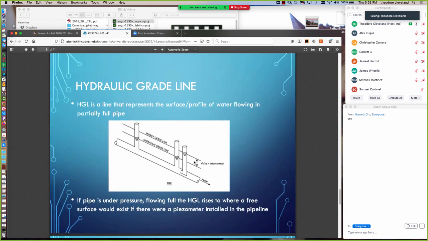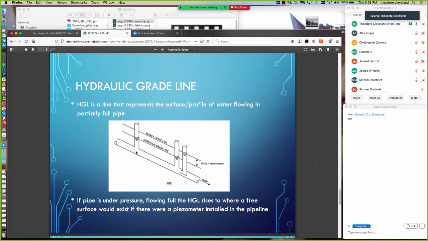The hydraulic grade line is a line that represents the profile of the water flowing in a partially full pipe, and if the pipe is under pressure, as is depicted here in the diagram, then the hydraulic grade line rises to the point where a free surface would exist if there were a piezometer, vertical pipe, open to the atmosphere, installed into the pipeline.